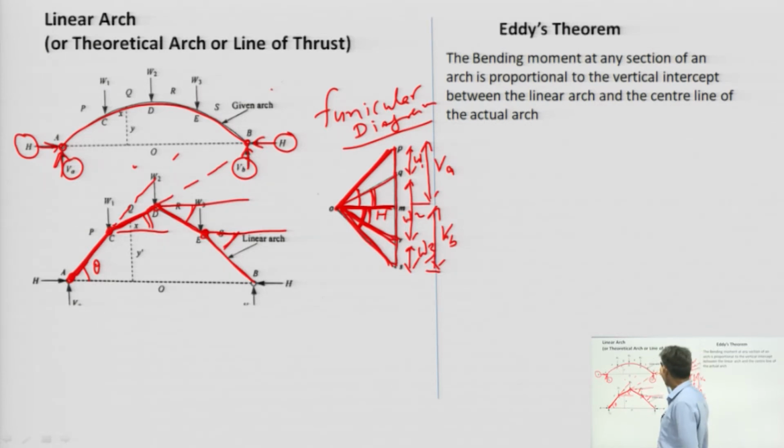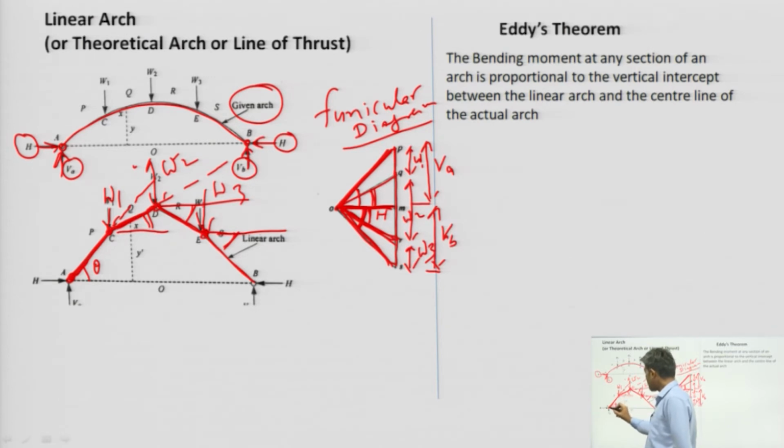So, this is the given arch, and the members AC, CD, DE, EB, and at joint C point load W1, at joint D W2, at joint E W3 are acting.